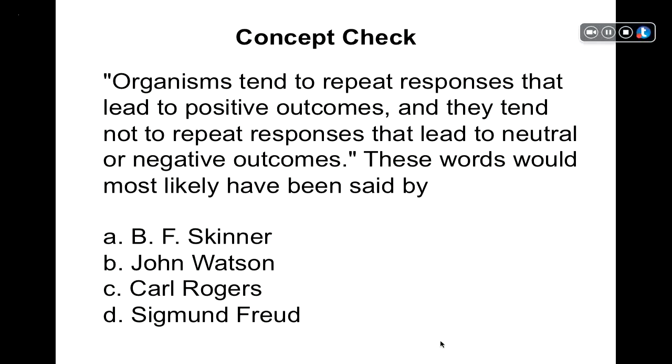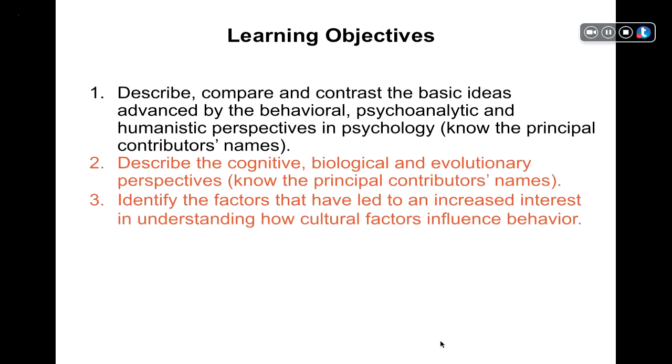The answer is A. So that description maps on to B.F. Skinner's brand of behaviorism. Organisms are active in the environment. By being active, they experience consequences of their behaviors, and they learn from the consequences of their behaviors.